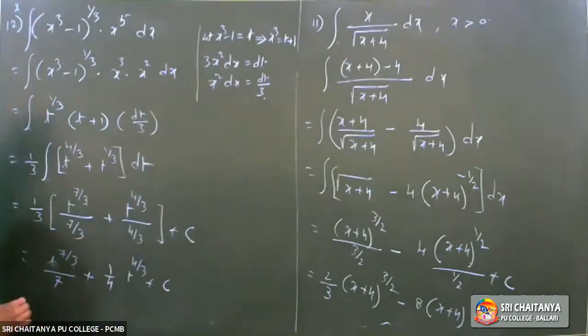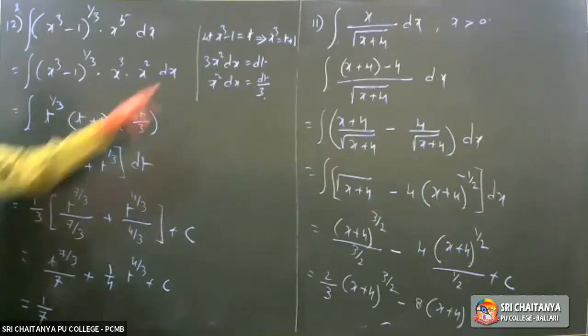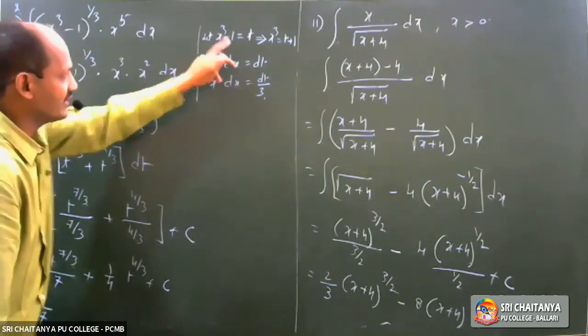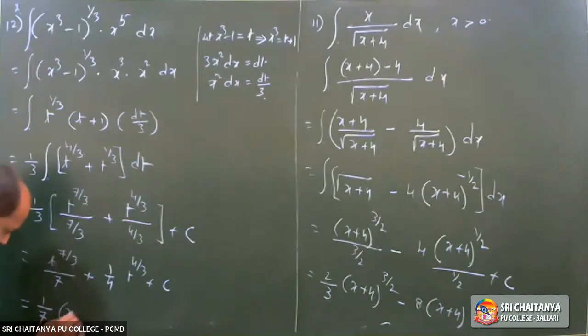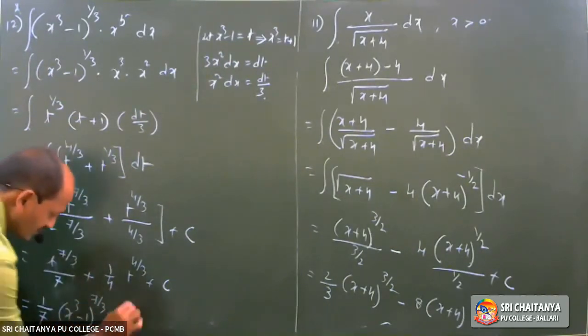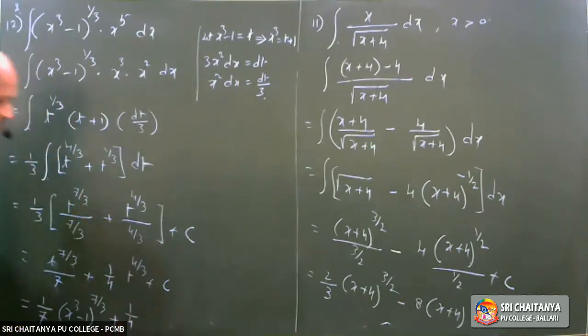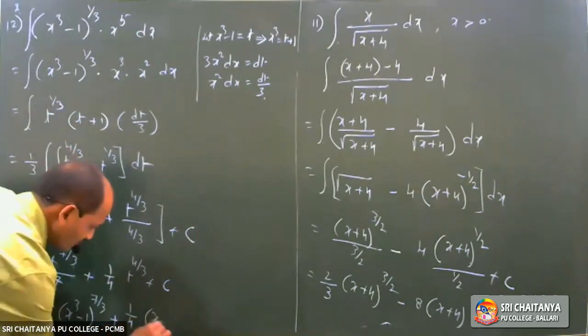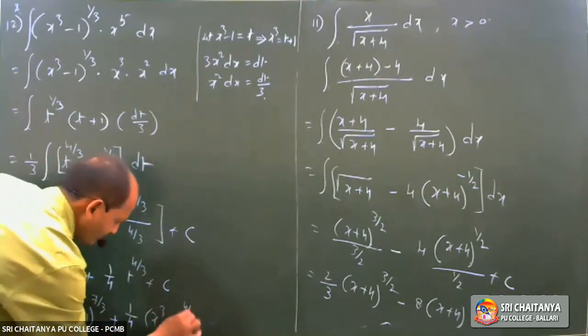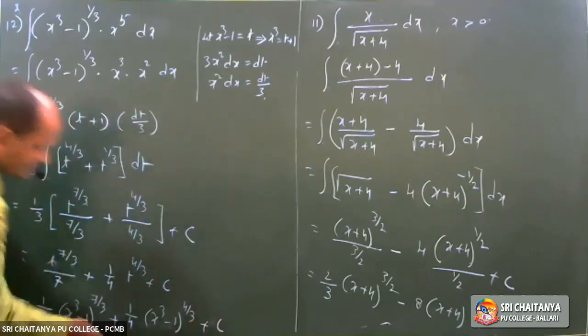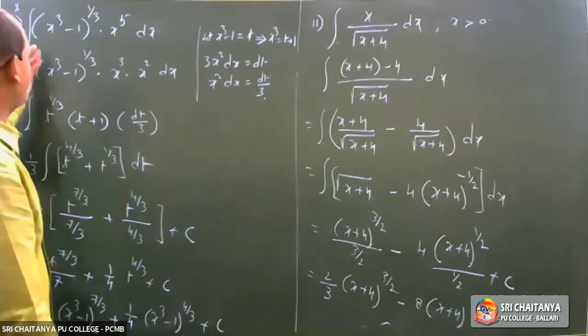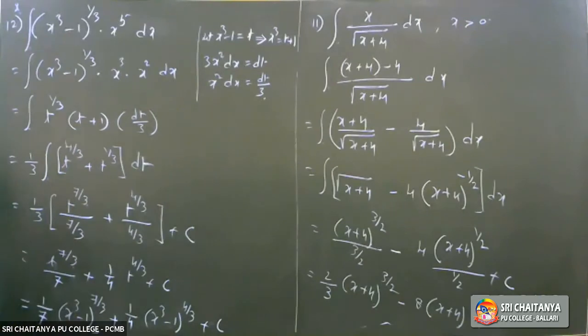So it is 1 by 7 (x cube minus 1) whole power 7 by 3, plus 1 by 4 into (x cube minus 1) whole power 4 by 3, plus c. Okay, it is important. Write down.